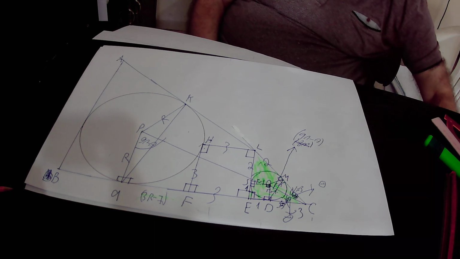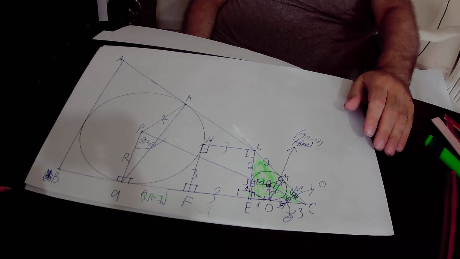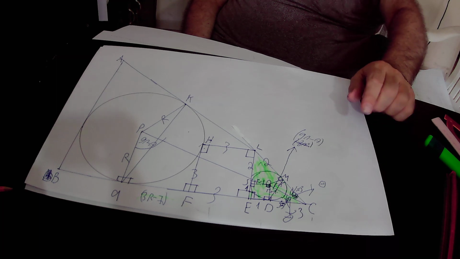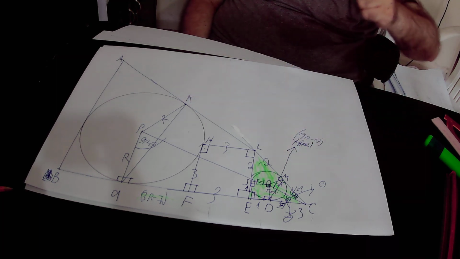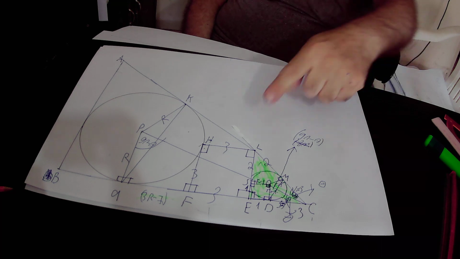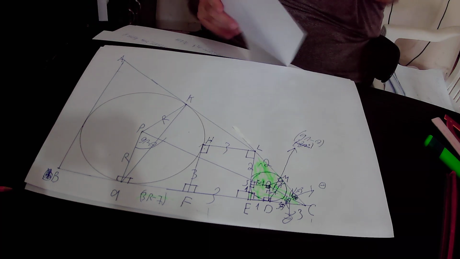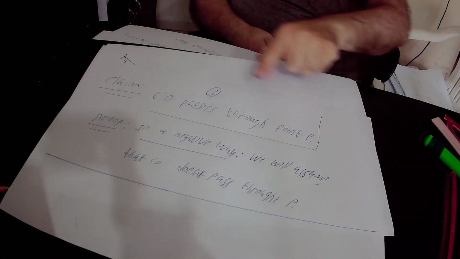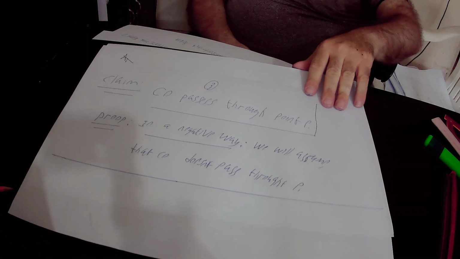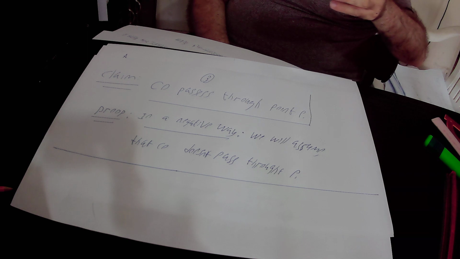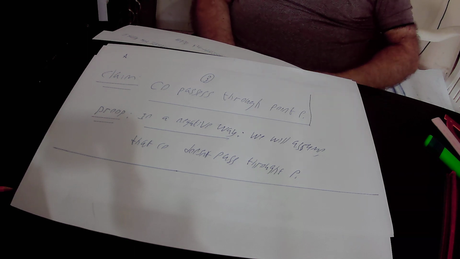Then we have a claim that CO passes through point P. We prove this claim in a negative way.